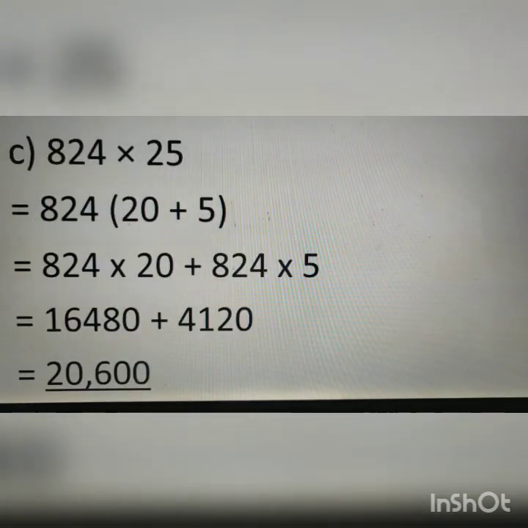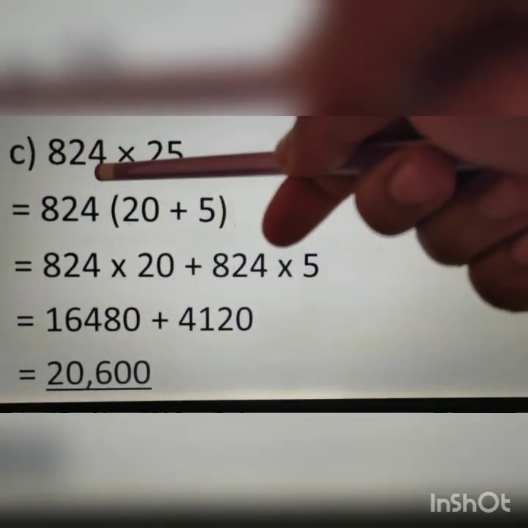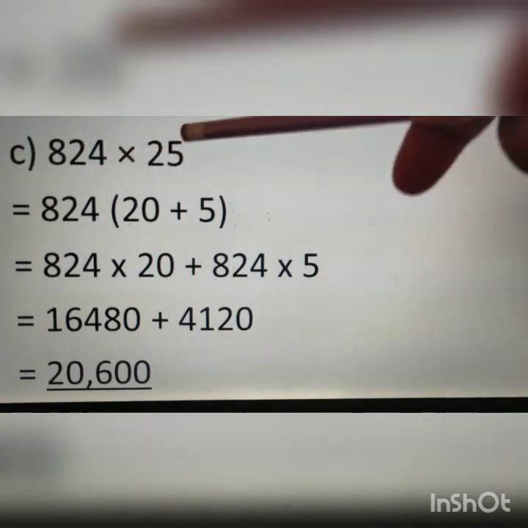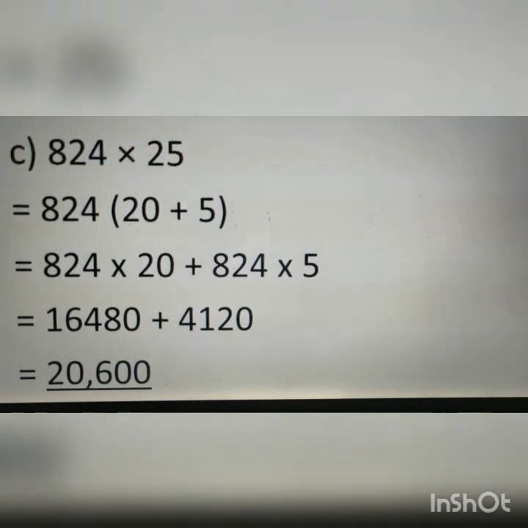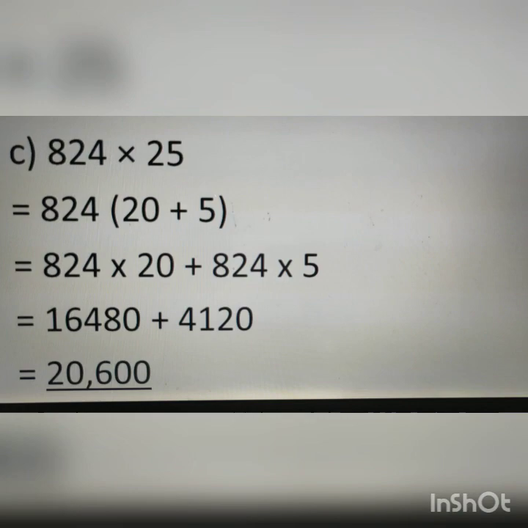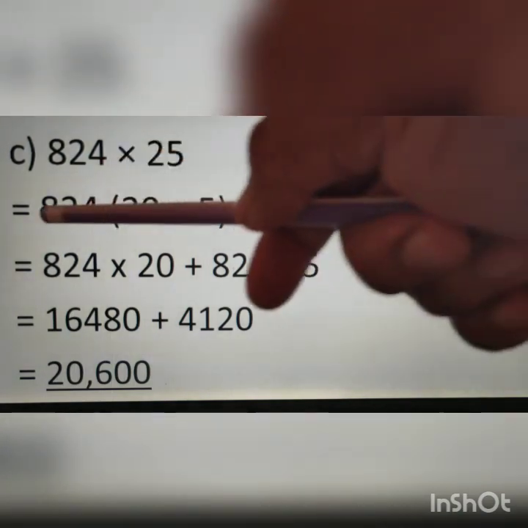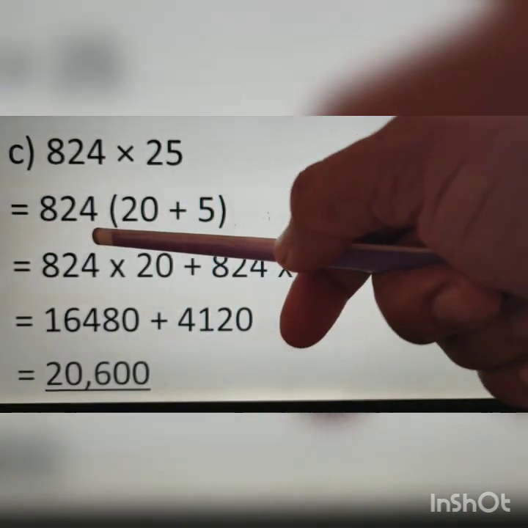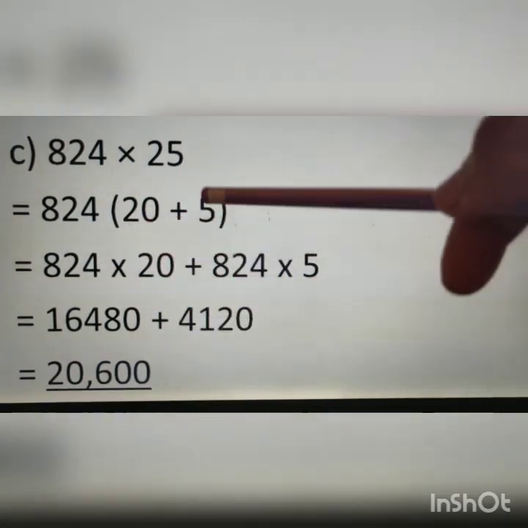Question number C. 824 multiplied by 25. We have to find the product by using distributive property. So 25 we can write as 20 plus 5. And by distributive property, we will multiply 824 with 20 and 5.